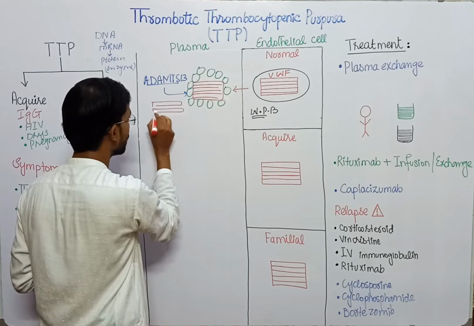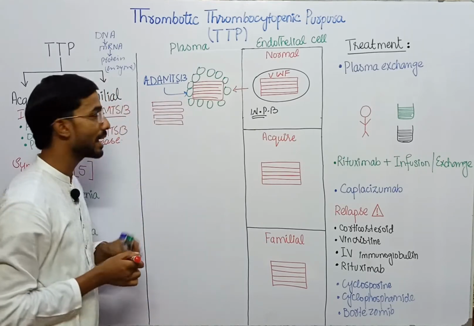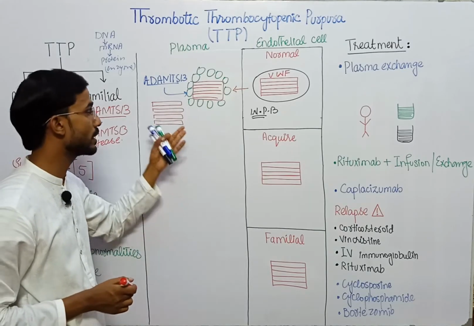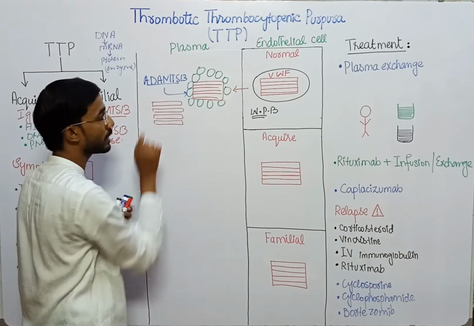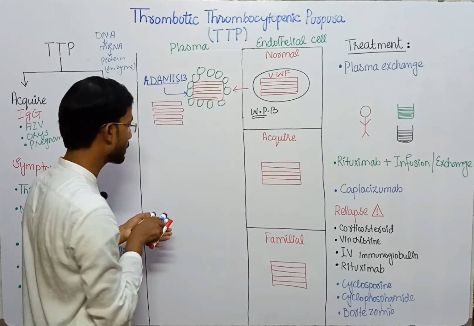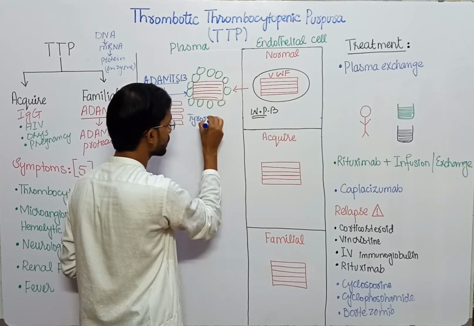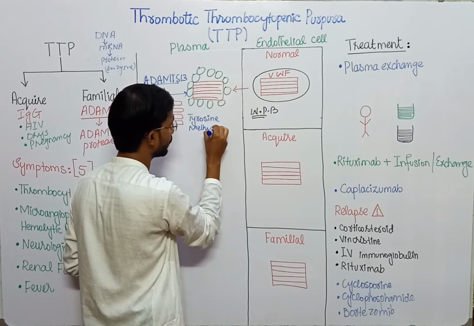Here these are the different monomeric forms. Von Willebrand factor is a protein in nature, and the ADAMTS13 protease enzyme breaks the von Willebrand factor at the position between tyrosine and methionine.